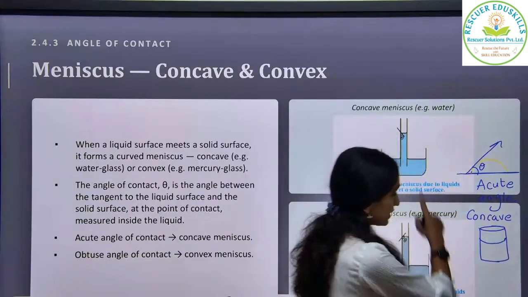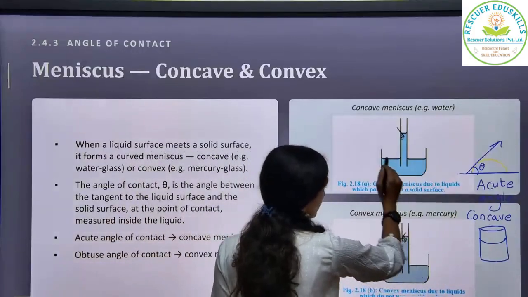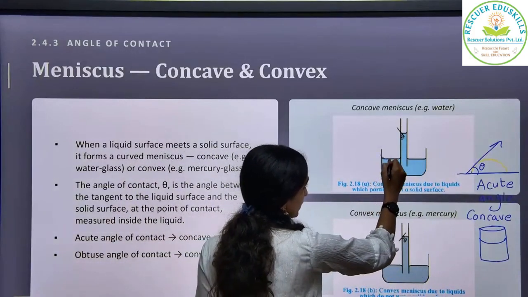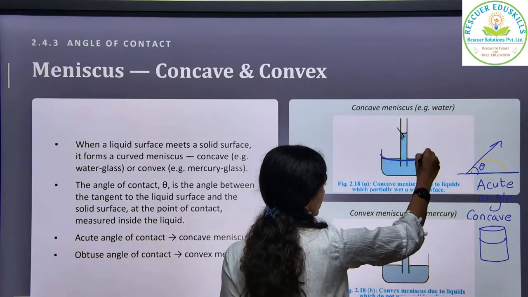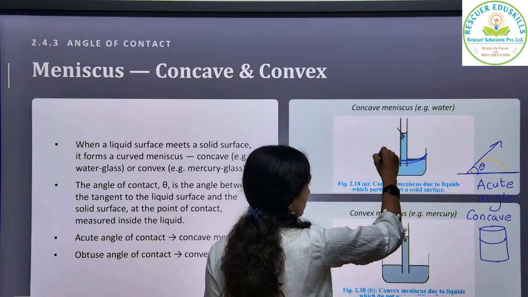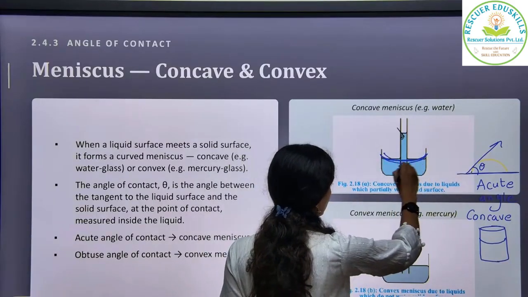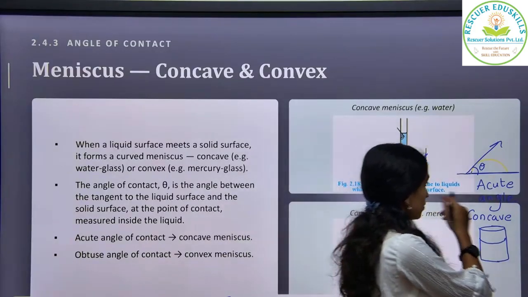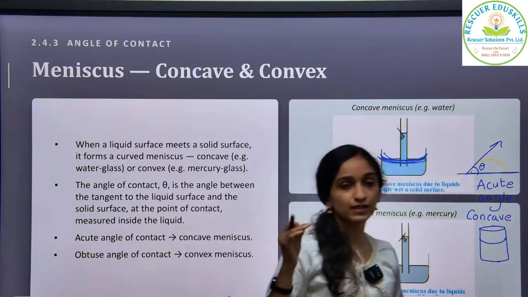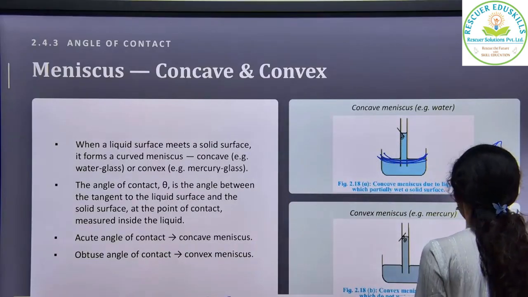So when the liquid is like this, it is called a concave meniscus. As you can see, this liquid is like this, right? So this is a concave meniscus. Why is it a concave meniscus? Because the liquid partially wets the solid surface. So whenever the liquid makes an acute angle with the surface, the meniscus is concave.